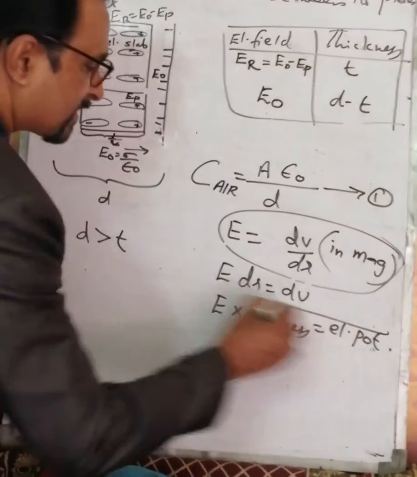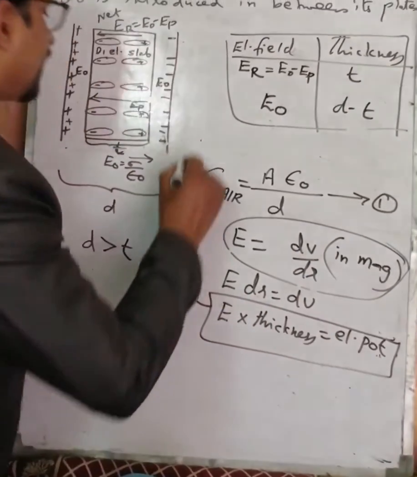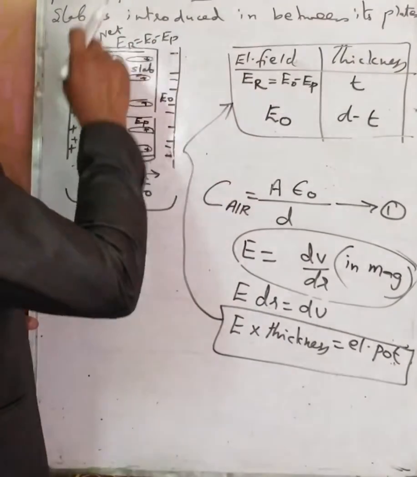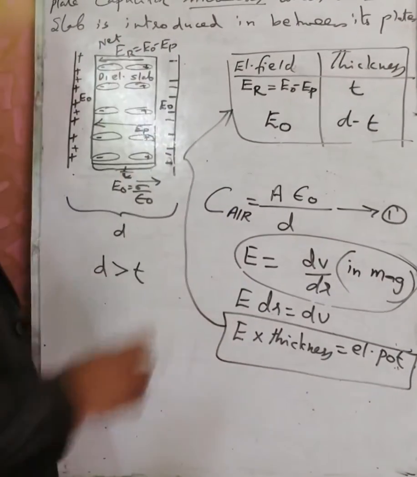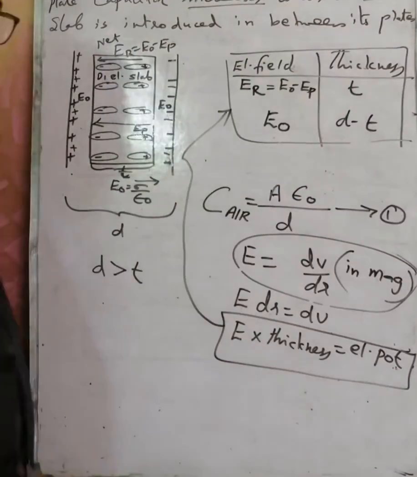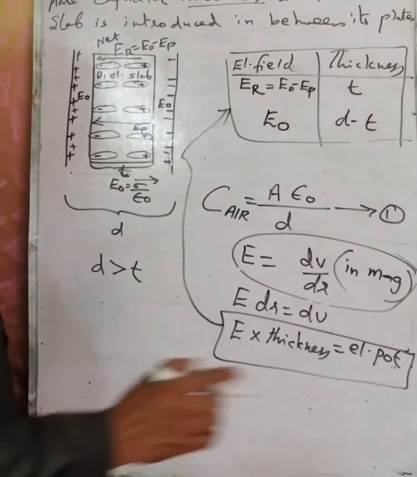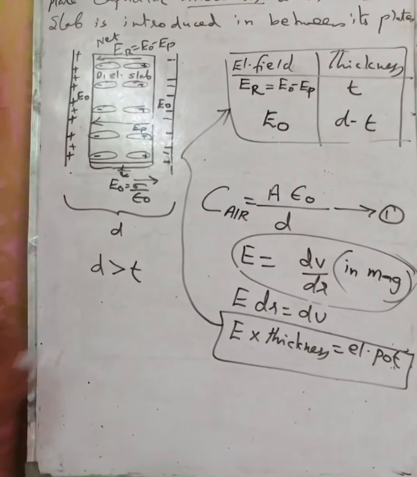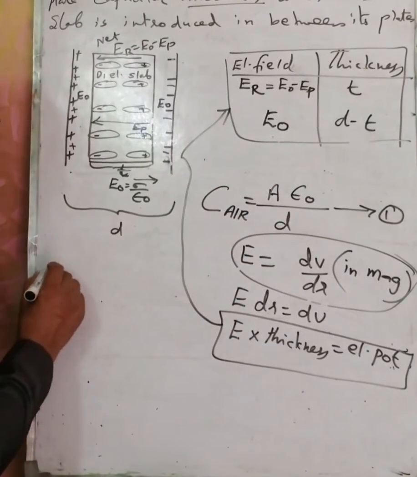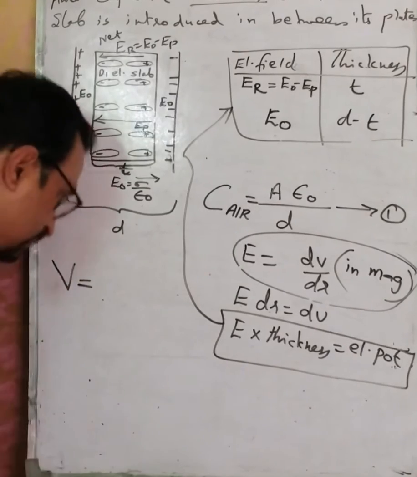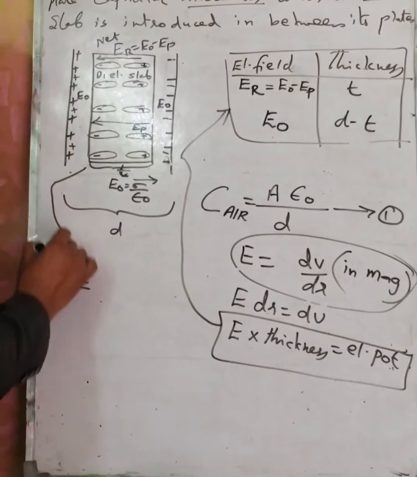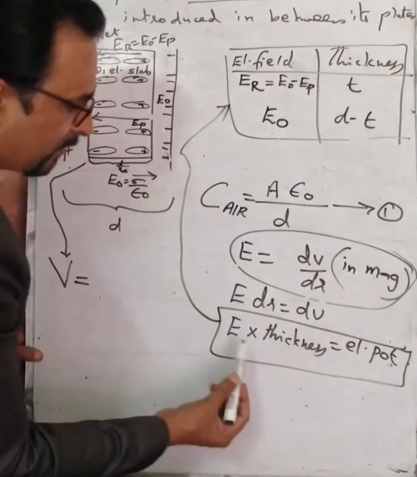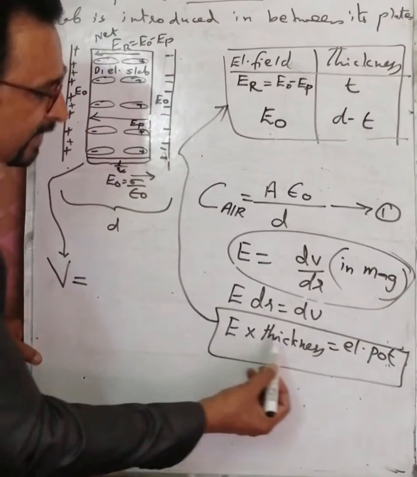You apply this concept to this diagram or this table. This table is the summary of what is happening in this case. If a dielectric slab is placed in an electric field, you can see how much potential difference there is between the plates of the capacitor now. The potential difference V is equal to the electric field multiplied by its thickness.